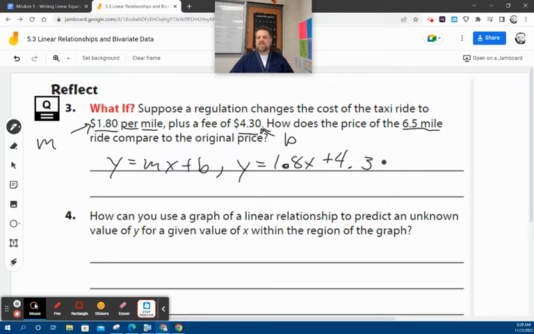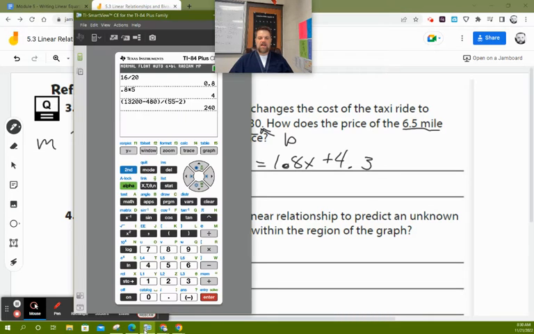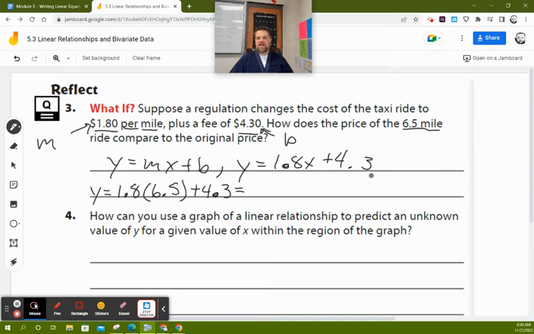Well, what I need to do is I need to evaluate this, and I need to say y equals 1.8. What do I plug in for x? 6.5. 6.5 plus 4.3. Now, if you plug this in your calculator, I'm going to say 1.8 times 6.5, and I get 11.7 plus 4.3.